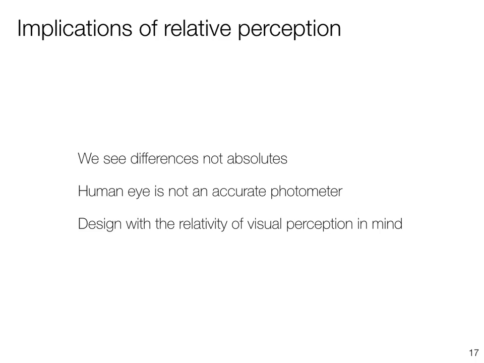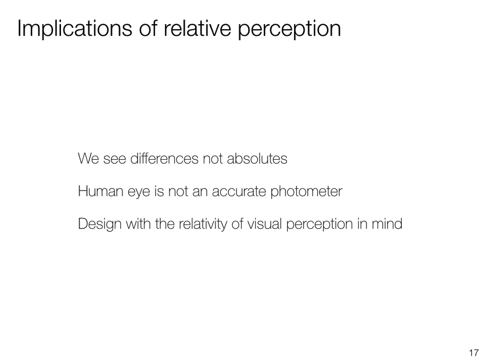And that's actually true to many sensory systems, that it's based on relative perception. And to avoid problems in the use of information visualizations, we need to design with the relativity of visual perception in mind. Okay, so this is maybe the first takeaway from this lecture today.